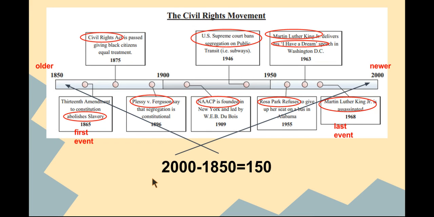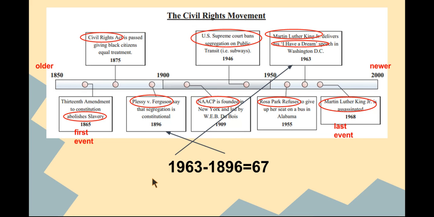We can also use a timeline to figure out how much time passes between two events. To figure out how many years happen between events, we use the same steps. We put the newest year on the top and the oldest year on the bottom, and then subtract. For example, if I want to figure out how many years after Plessy versus Ferguson, Martin Luther King made his famous speech, I need to subtract.